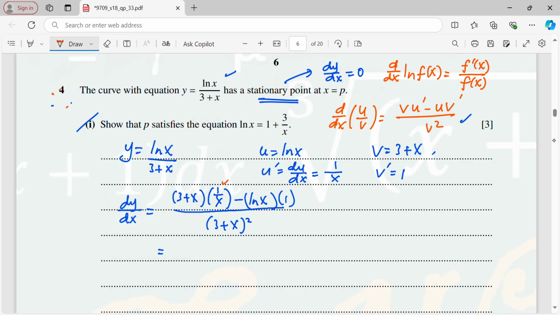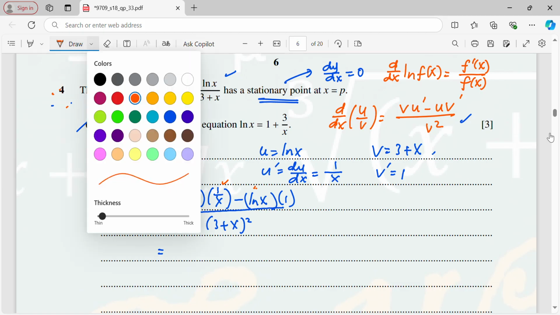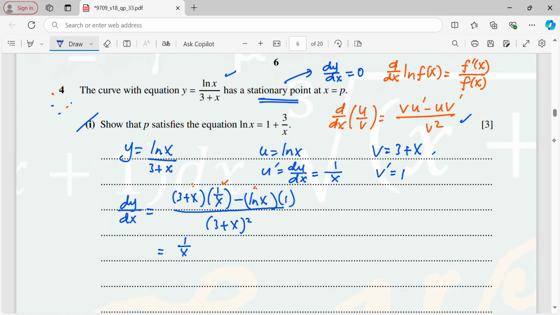That means this is the denominator. So I have to factorize the denominator and make it the same denominator for both numerators here. So I will write 1 over x, then 3 plus x. So when you factorize 1 over x from here, ln x, I will have to times the x to the ln x. That means now here you will be getting minus x ln x. Then over square of 3 plus x.